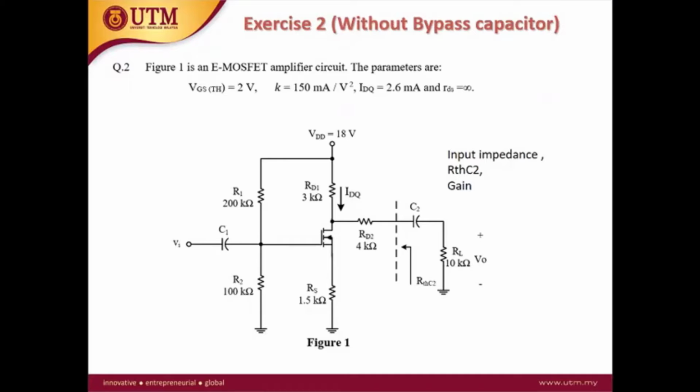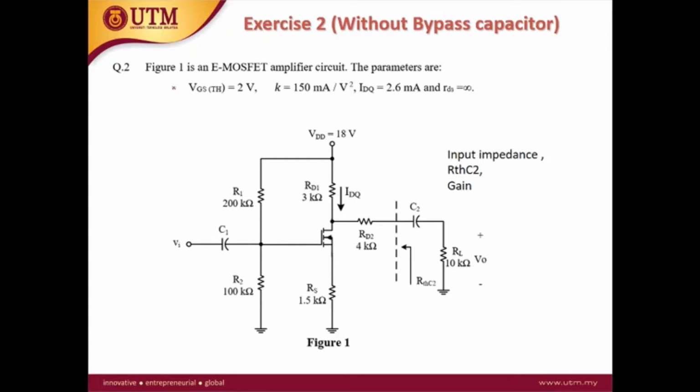In this example, we analyze an FE MOSFET amplifier having the bypass, having a voltage divider configuration, and then without the bypass capacitor. So there is no bypass capacitor connected in parallel with the source resistor here.